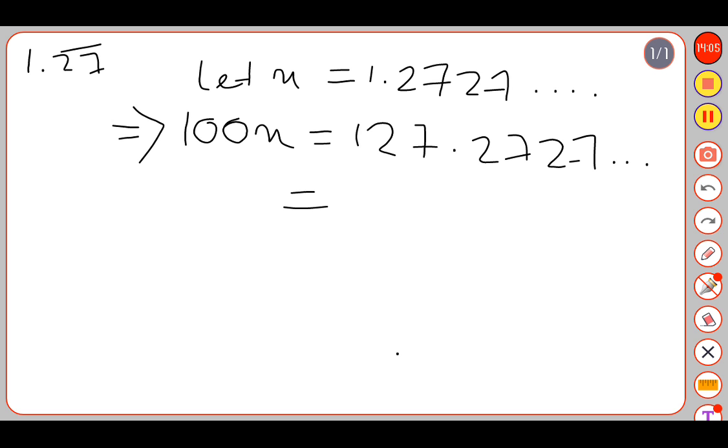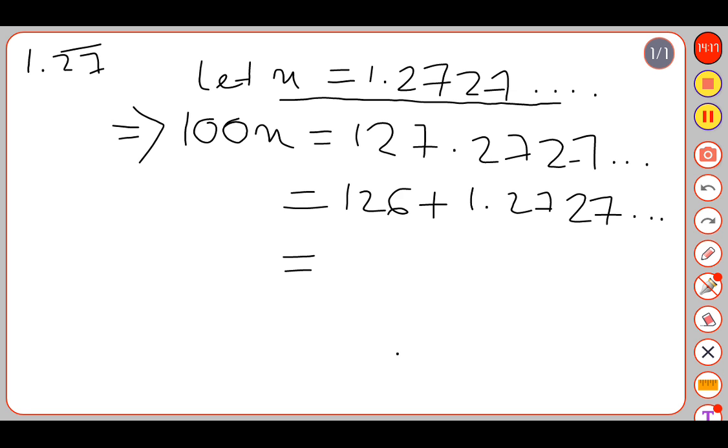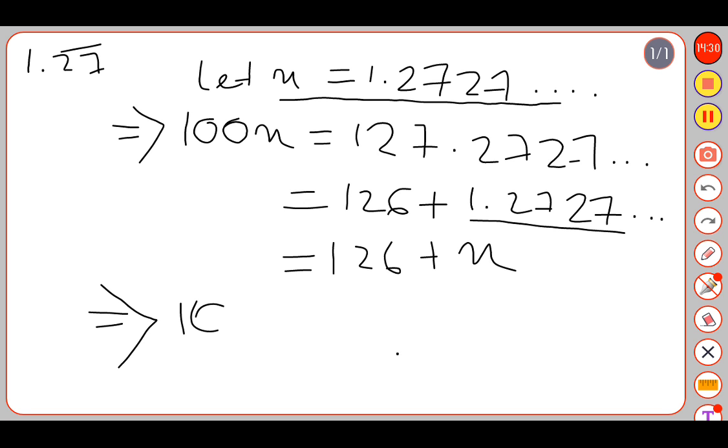We can write it as 126 plus 1.2727 dot dot dot. So as we have taken x equal to 1.2727 dot dot, here we can write x in the place of this number. So it will become 126 plus x. Again here 100x equals 126 plus x.